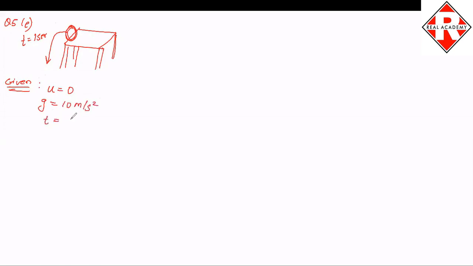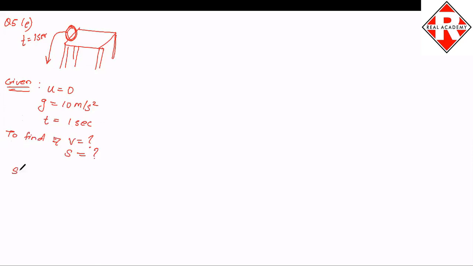Time taken to reach the ground is given to be 1 second. Correct? What else is asked? So what have they asked to find? They have asked the final velocity, that means they have asked what is V, as well as they have asked what is the height, that means the displacement. Correct? So how do we solve this?